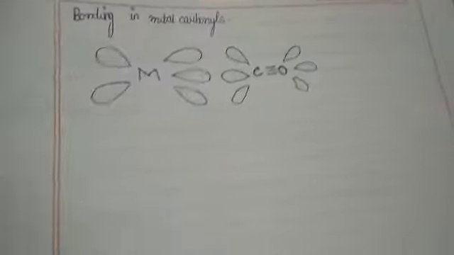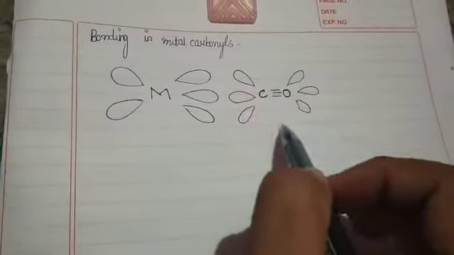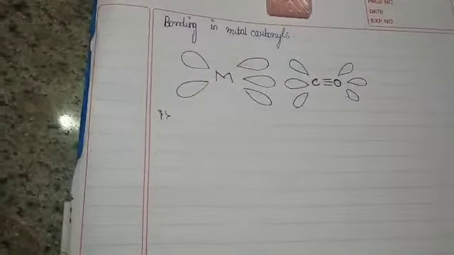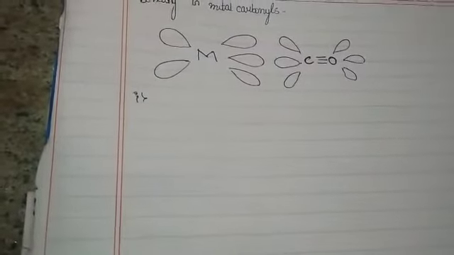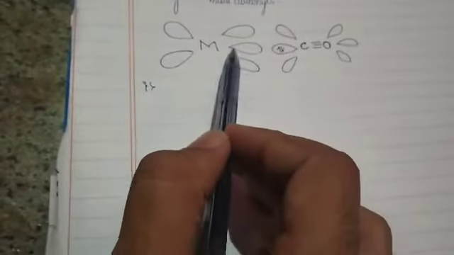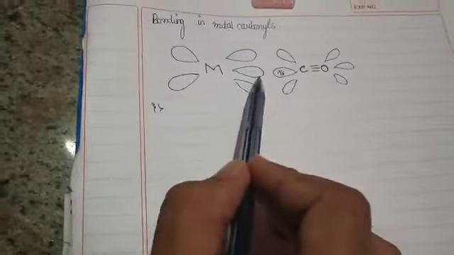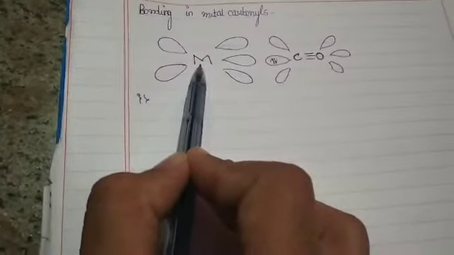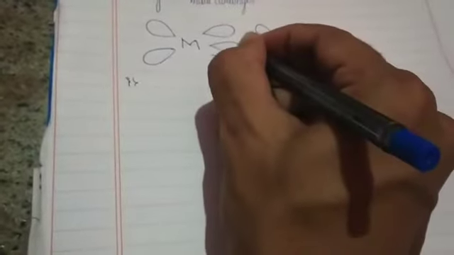So what first happens when this carbon monoxide is acting as a ligand? First, the bonding takes place, and we have to remember that the electrons present in the ligand first overlap with the vacant d orbitals of your central metal atom or ion, leading to the formation of a sigma bond.